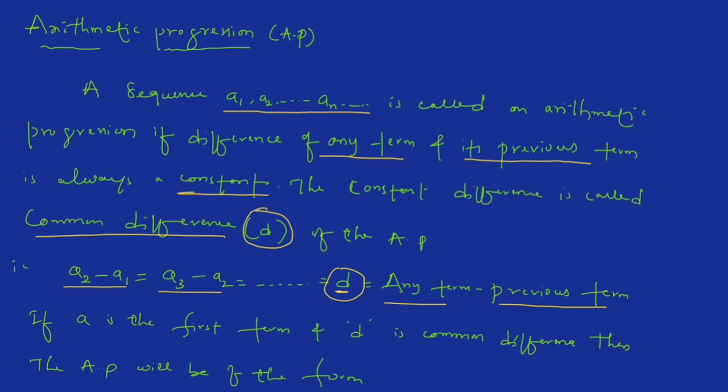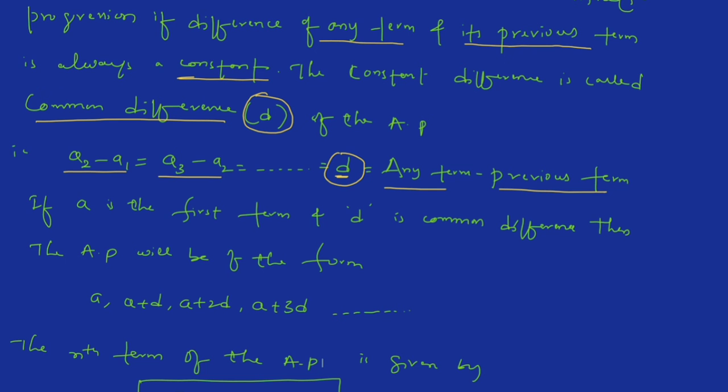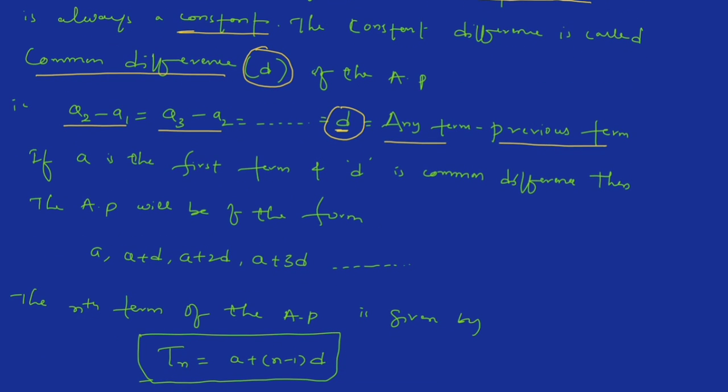So if a is the first term and d is the common difference, then the AP will be of the form a, a plus d, a plus 2d, a plus 3d, and so on. The nth term of an AP is given as Tn equals a plus (n minus 1) d, which is our nth term of arithmetic progression, right?